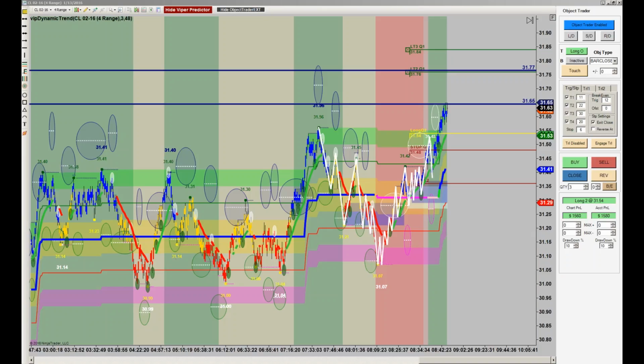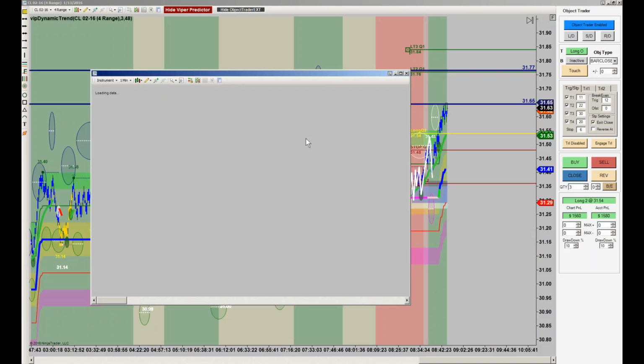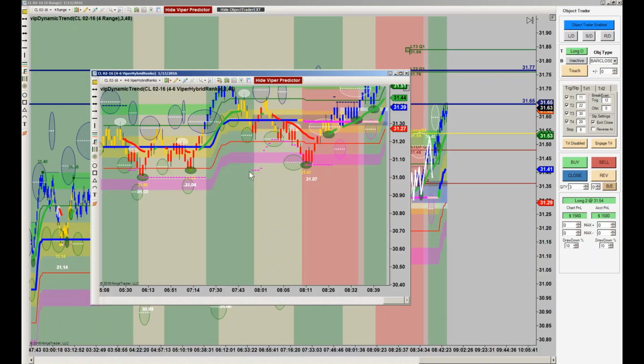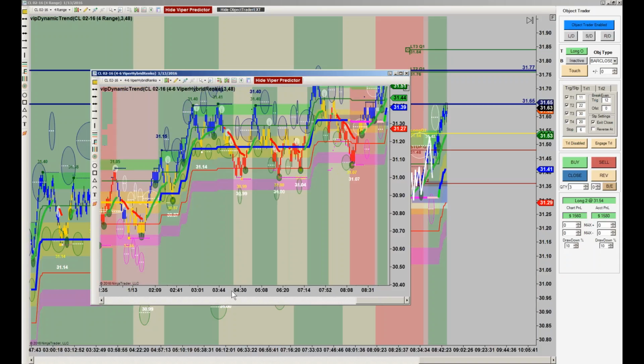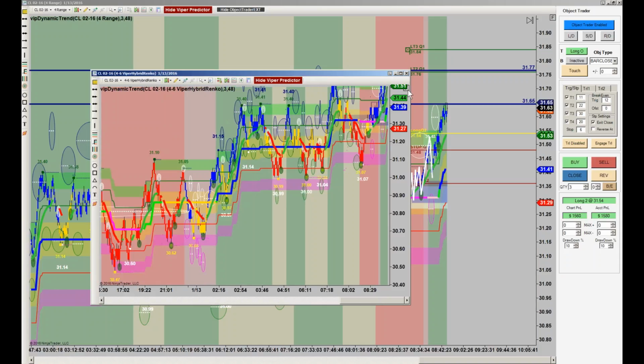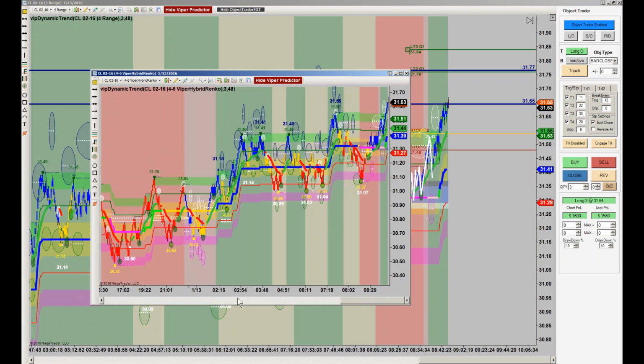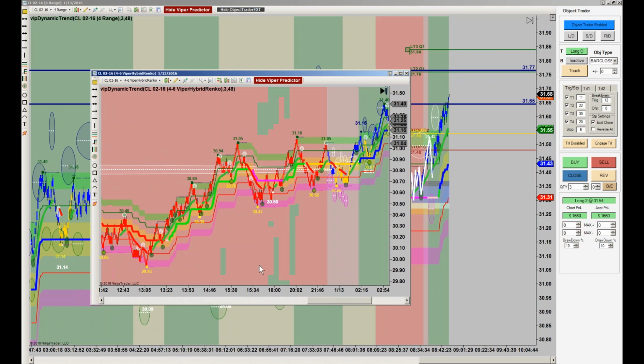I usually like a 461. Seems to work pretty well. And the only reason you want to use a little bit larger chart is so you can see more swings, right? So that's where we're at right now. So look to the left to trade the right.